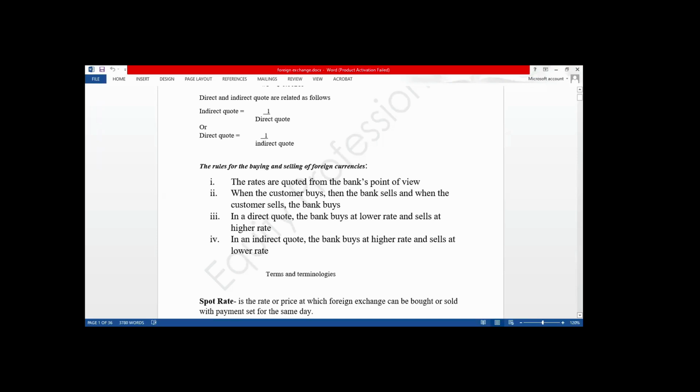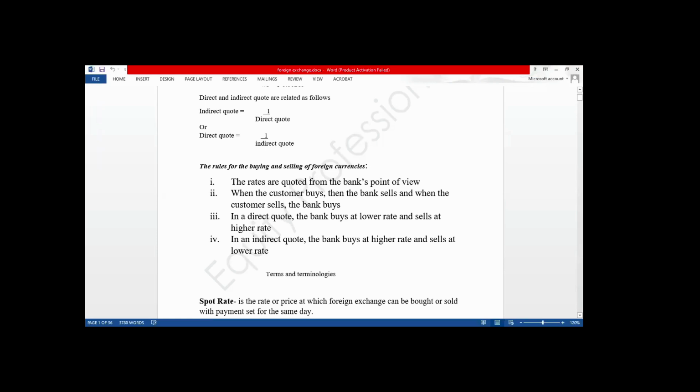Let us explain that. If in the question you are given a direct quotation, the bank will buy at the lower rate and sell at the higher rate.